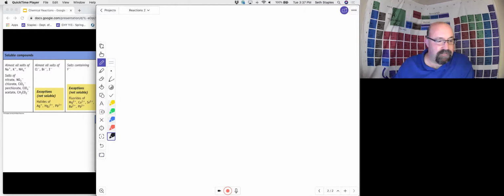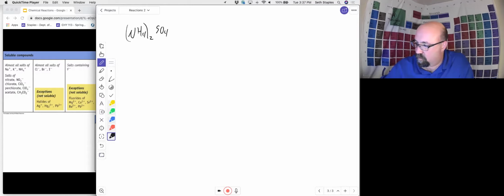One more final example. We have a reaction of ammonium sulfate plus magnesium iodide. So again, we go through our process, +1 for ammonium, -2 for sulfate, +2 magnesium, -1 for iodide.